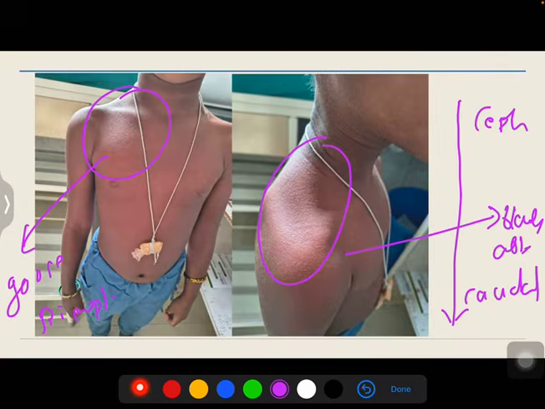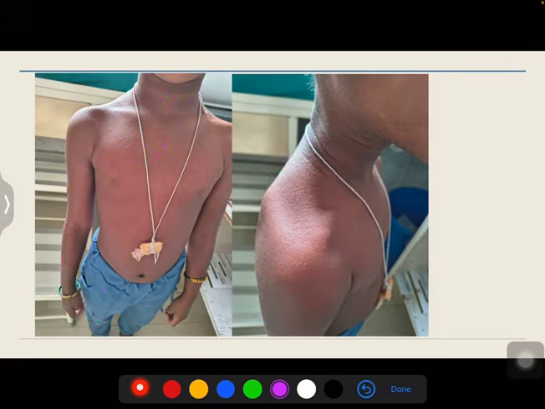So what's your diagnosis on this by the history and characteristic of the rash? So this is scarlet fever, which is a second day rash.